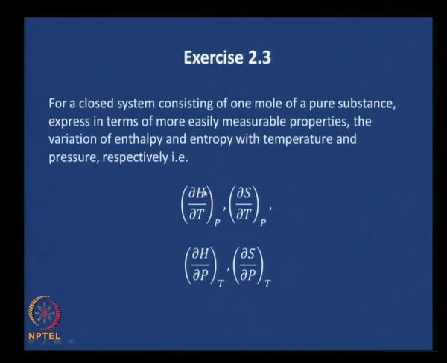What I mean is ∂Ht/∂T, enthalpy with temperature at constant pressure, ∂St/∂T at constant pressure, variation of entropy with temperature at constant pressure, variation of enthalpy with pressure at constant temperature, just the vice versa, and the variation of entropy with pressure at constant temperature. Please go ahead and do this. We will start with the hints in the next class.